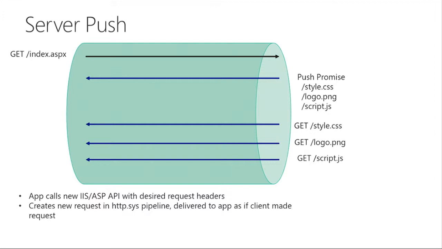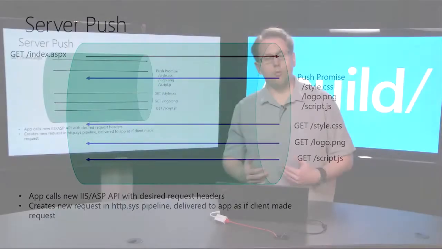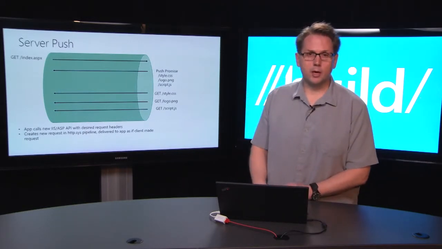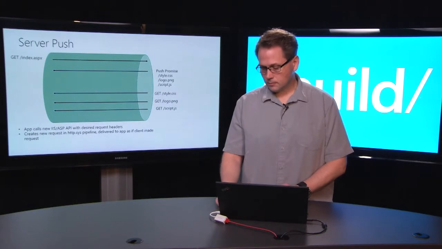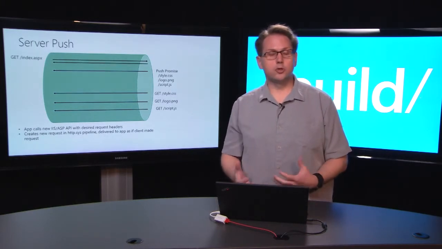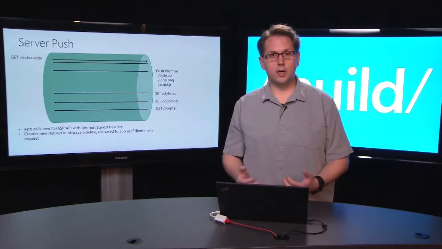Each one of those push promises creates a stream in an idle state. And then when we start to push on them, we actually move it into an open state. This was from the stream lifecycle a couple of slides ago. As we're pushing these things, the server can also respond to the initial GET at the same time.